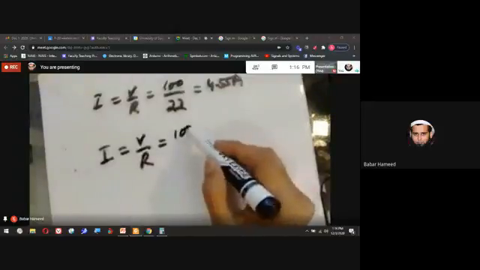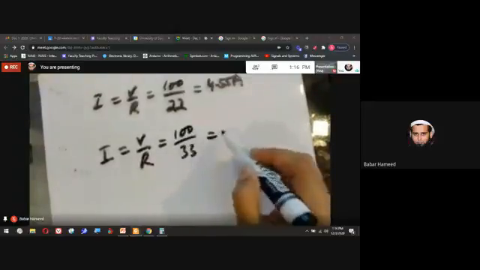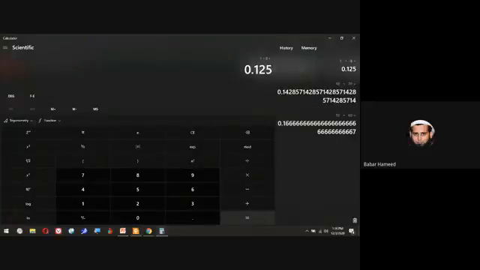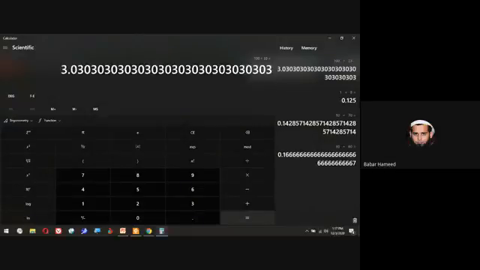It is 100 over 33. So we will have a simple mathematical formula: 100 divided by 33. We will have 3.03. What is the unit of current? It's ampere. Fine.